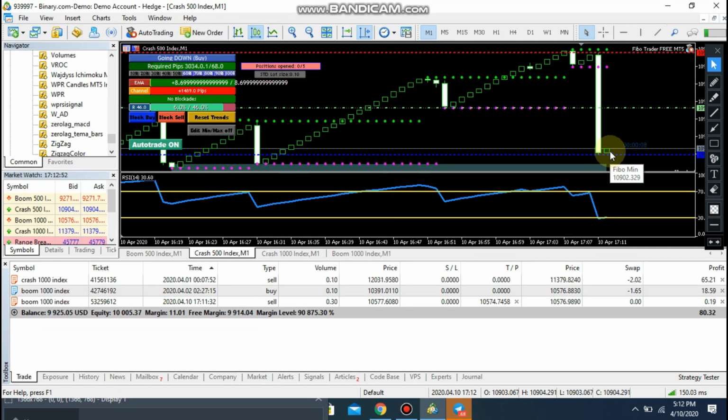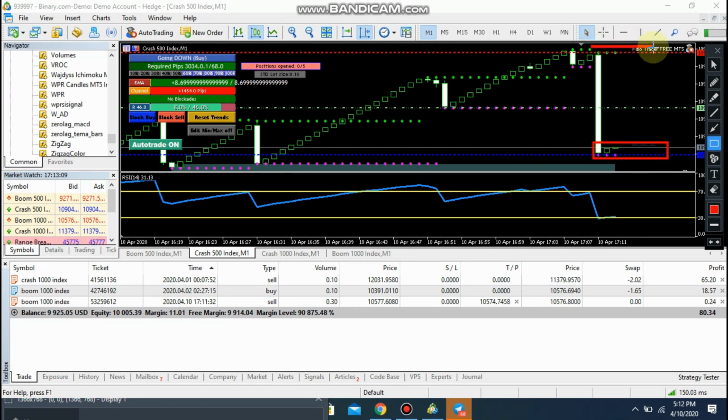It has given me the support on the Fibo minimum and Fibo maximum. As you can see, the red one is the resistance zone and the blue one is the support zone.